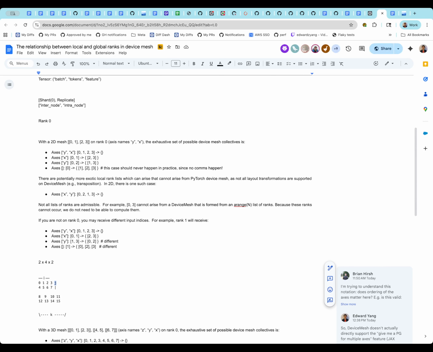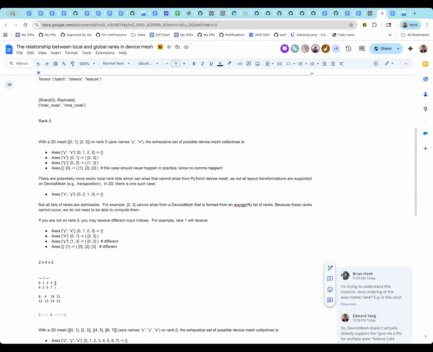So I need to make a bigger mesh so that I have 2 dimensions on the outside of the inner node. But we're just doing examples. So please pardon the unrealism of this particular example. Or alternatively, you could flatten your tensor so that 2 dimensions that you wanted to shard on this mesh dimension become 1, and then you are within what the API supports.